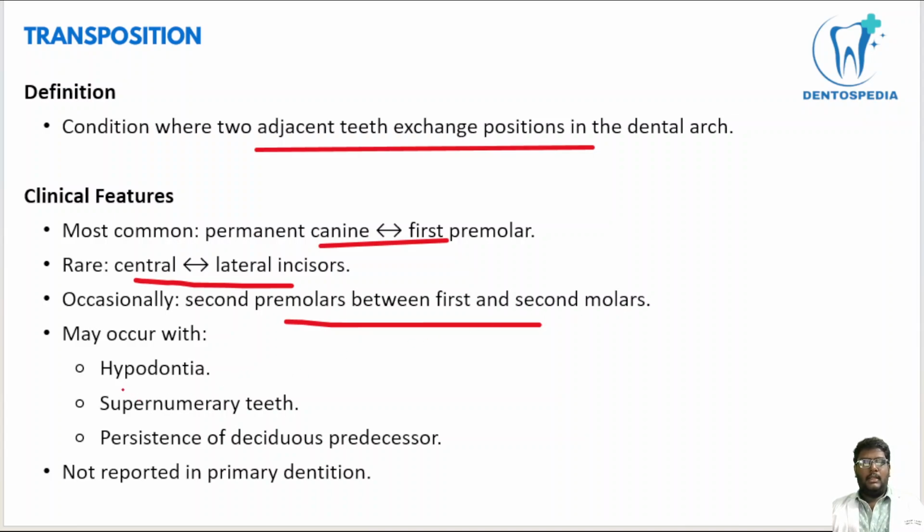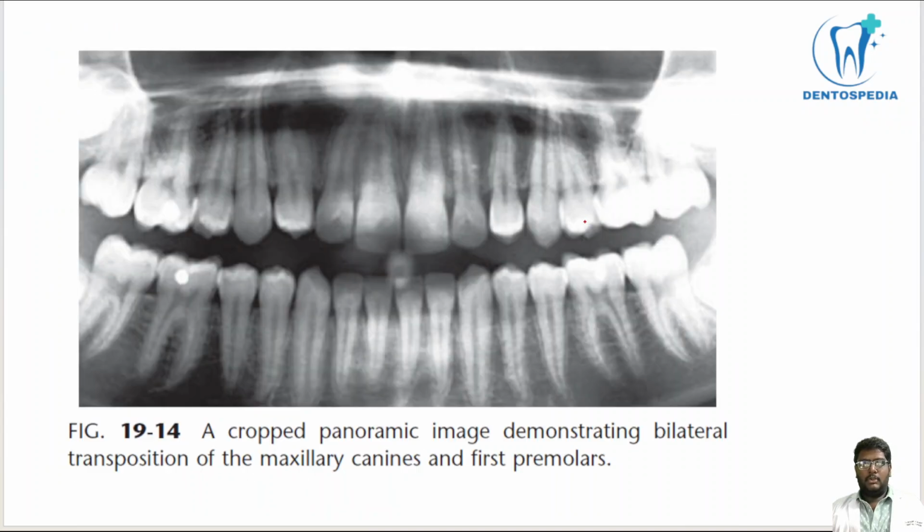Okay, and it is commonly associated with hypodontia and supernumerary teeth. These are all kinds of disorders which commonly occur in groups. Okay, here you can see the canine and the premolar exchanged in their position. Okay, that is called transposition.